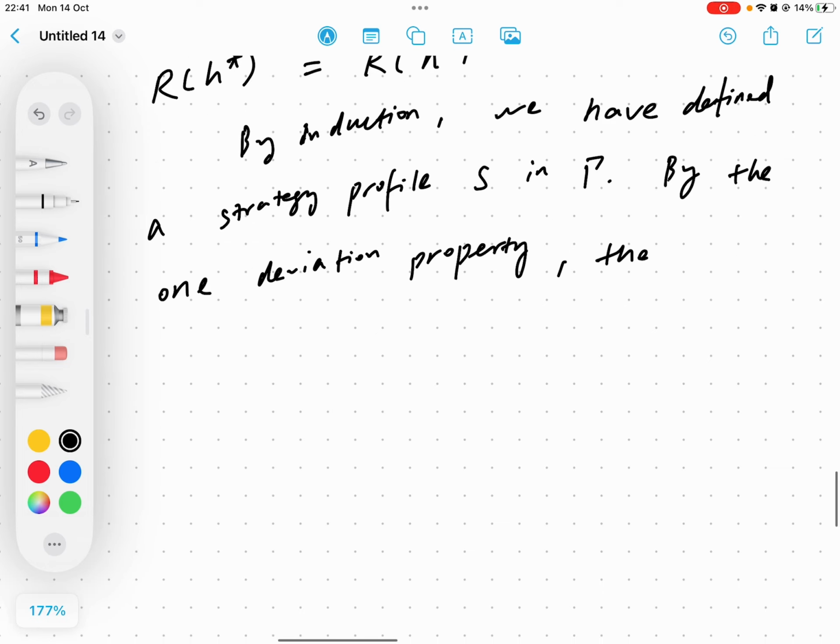That's the only difference between the profitable deviation and the equilibrium strategy. So by the one deviation property, the strategy profile is a subgame perfect equilibrium of Γ itself.